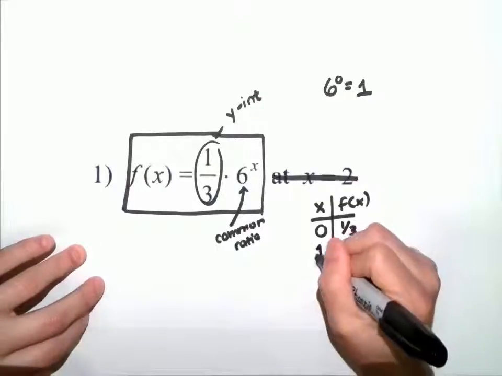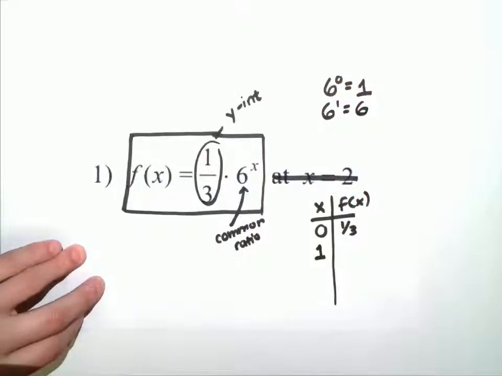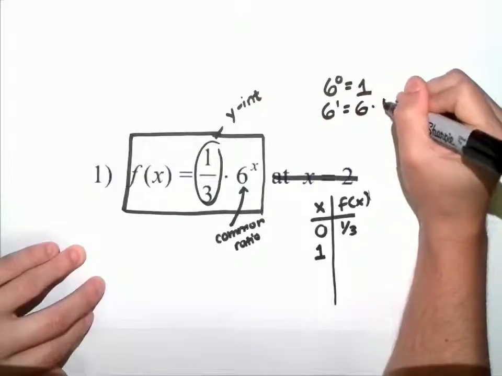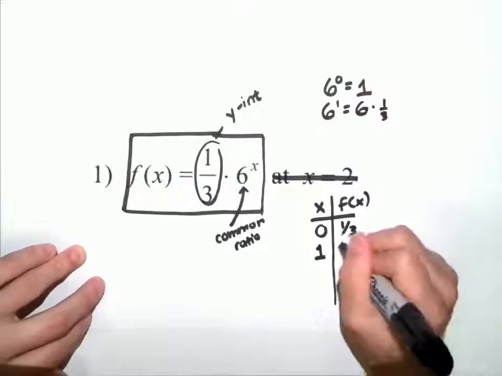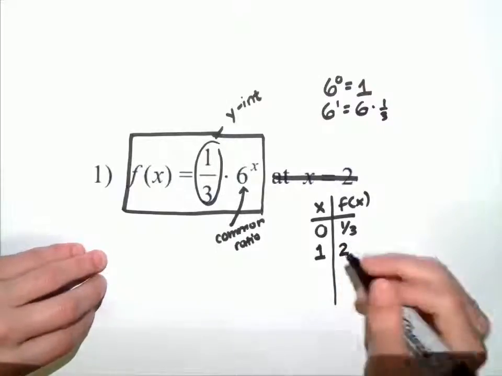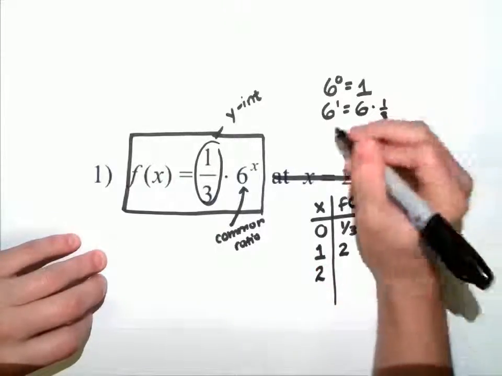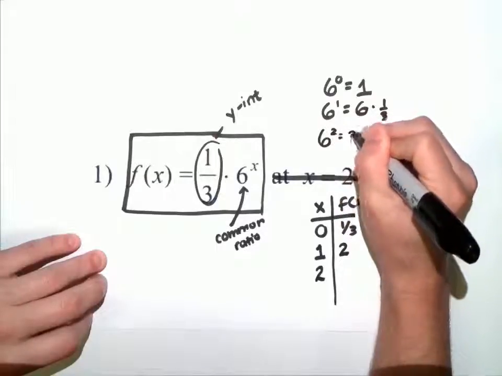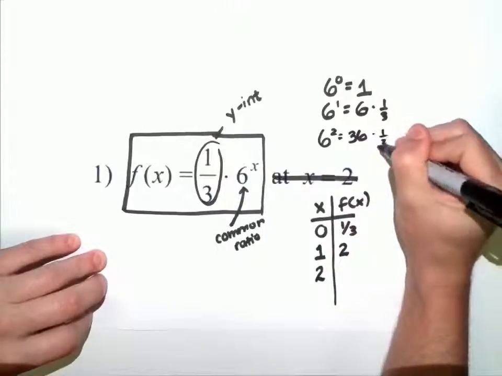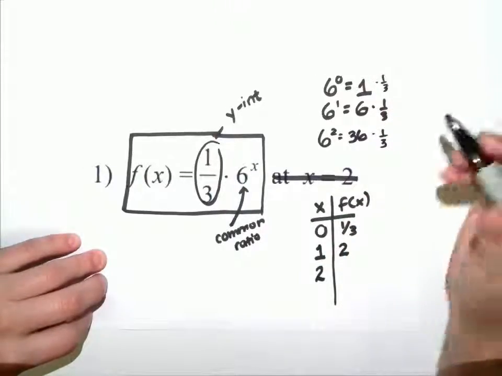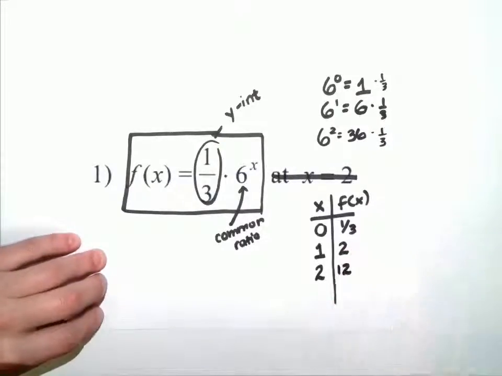If I were to plug in the number 1 to this function, 6 to the power of 1 is 6. And 6 times 1/3 means 6 times 1, which is 6, divided by 3, which is 2. And if I plugged in the number 2 for my x right here, that would give me 6 to the power of 2, which is 36, times 1/3. 36 times 1 is 36, divided by 3 is 12.